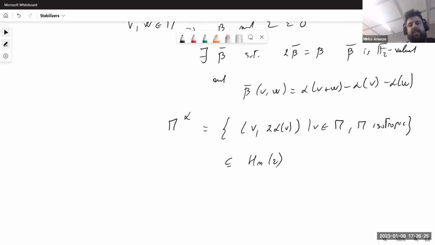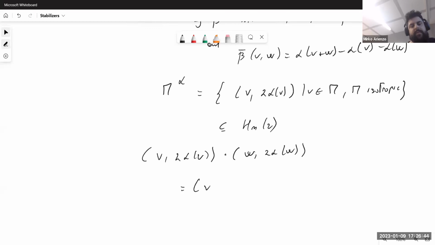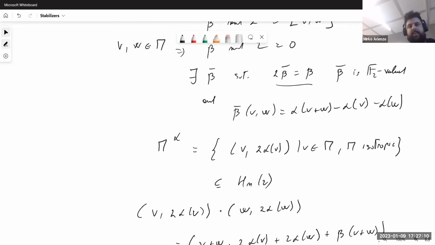We can check that in principle. So yes, you take V and 2 alpha V, and then multiply by W, 2 alpha of W. And this would be, well, V plus W, and then 2 alpha V, 2 alpha of W. And now there would be beta of V plus W, right? But this beta is just 2 beta bar.